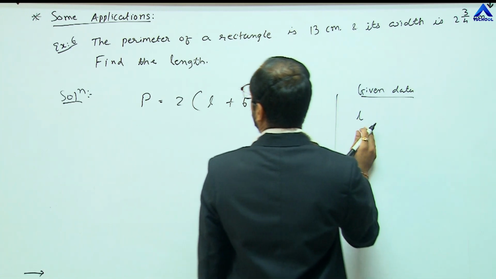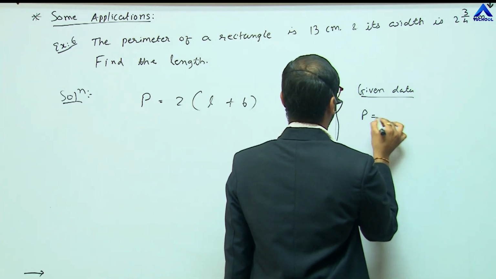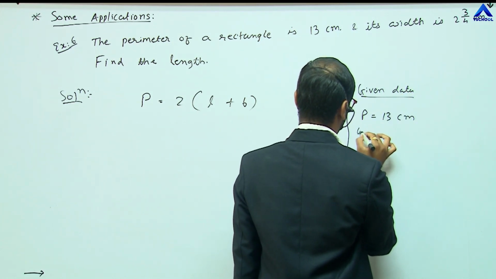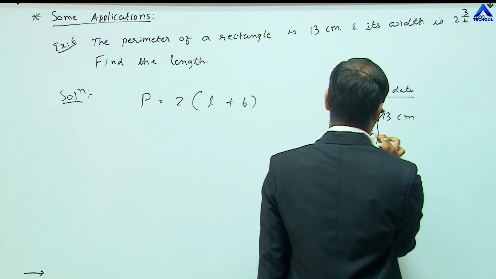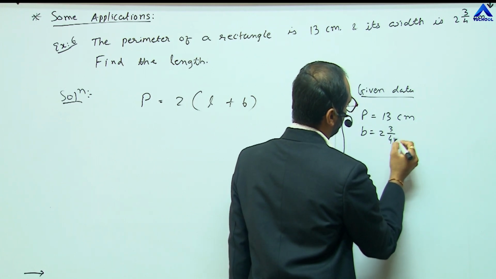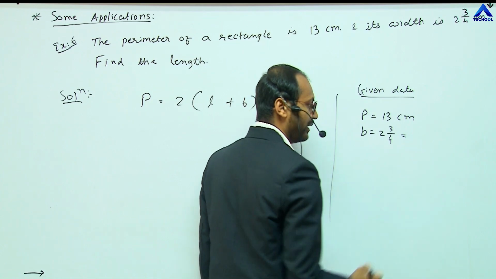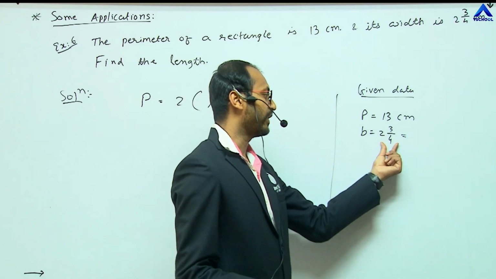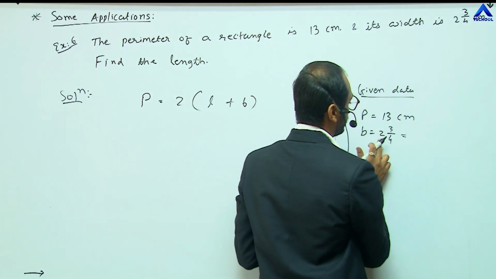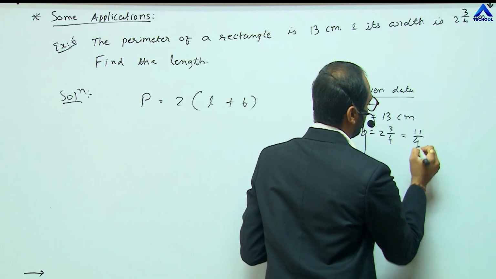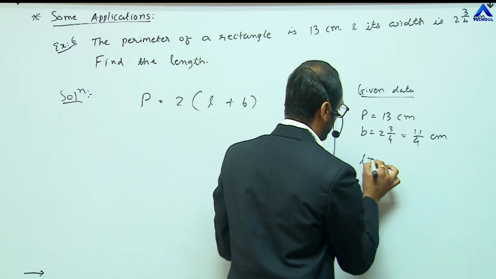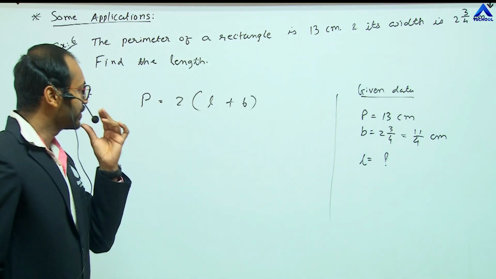The perimeter is given, that is 13 centimeter. The width, denoted by B, is given as 2 and 3 by 4. Let me make it a single fraction. This is a mixed fraction, so let me convert it into a single fraction: 4 times 2 is 8, plus 3, 11 by 4 centimeter. Now what we have to find? Length. This is our question. So how can we find this?